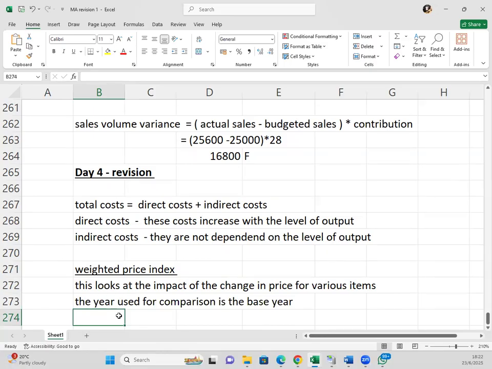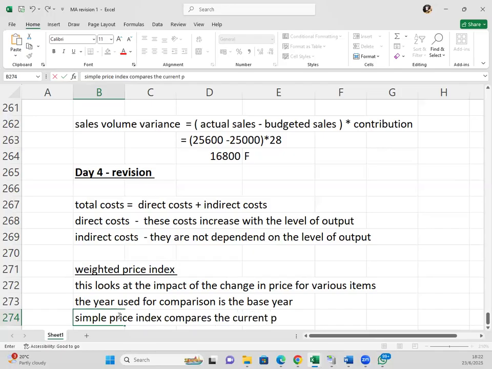The simple price index compares the current price of a commodity with the base year. So a simple price index looks at the price against the price of the base year of a single product.